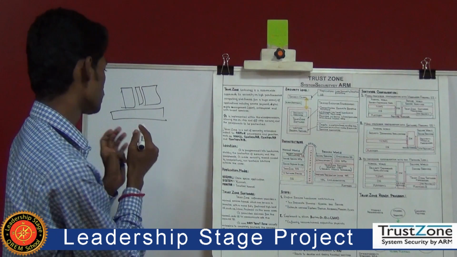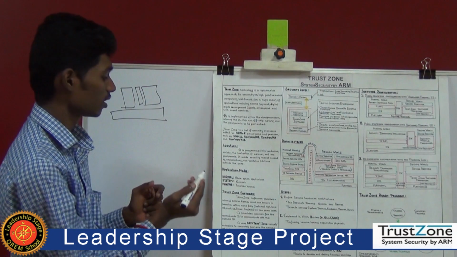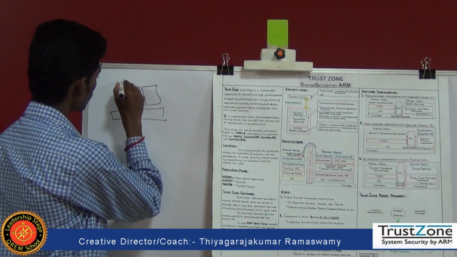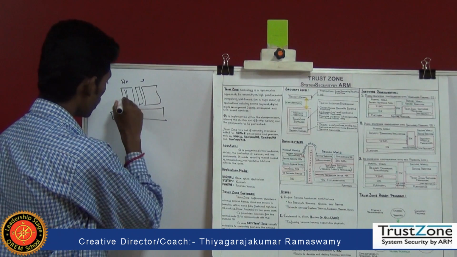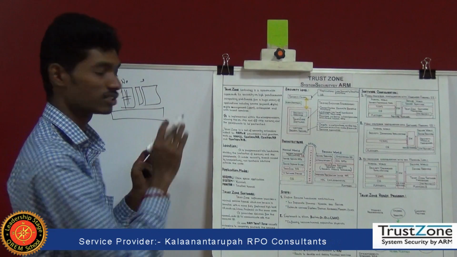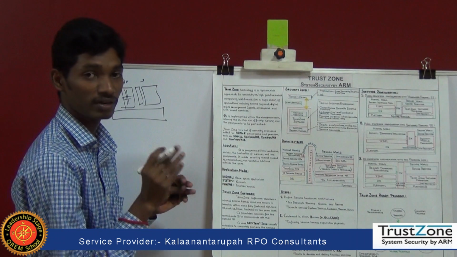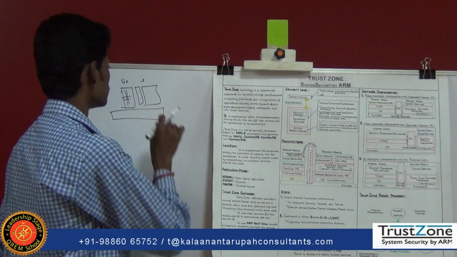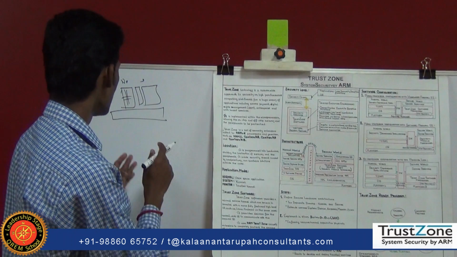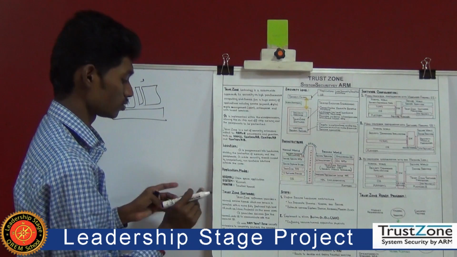When an attacker attacks the normal OS, even if they get full root of the normal OS, they cannot access the secure OS. This is the specification of Trustzone software.